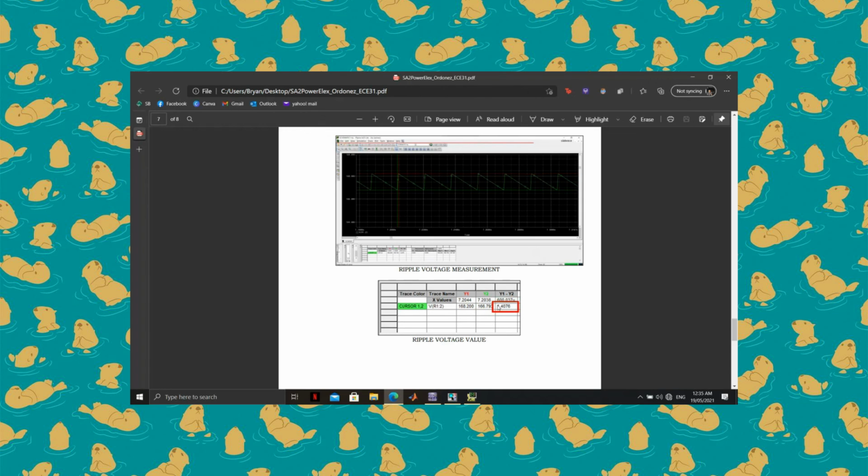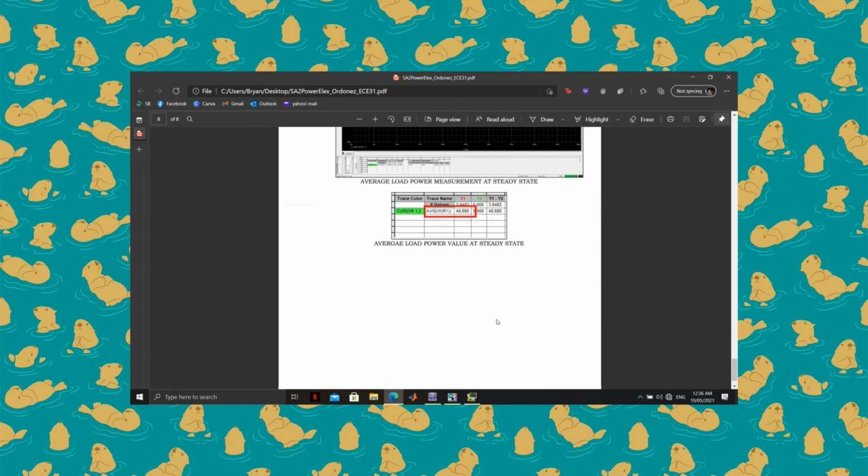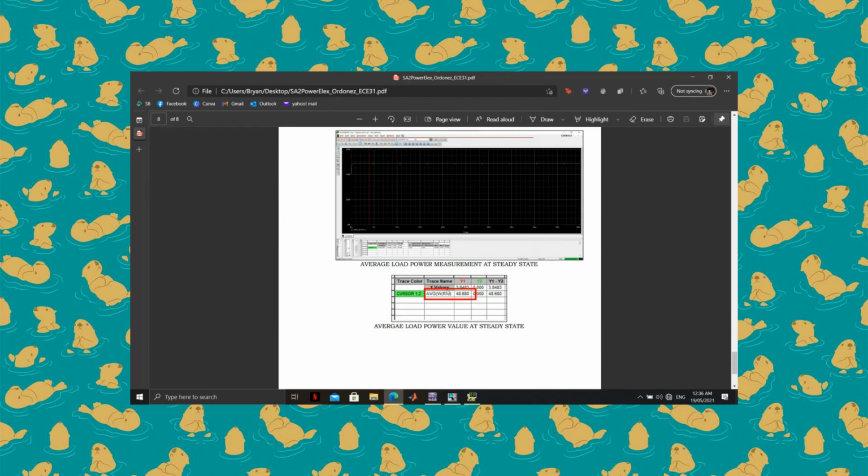Therefore, again, the ripple voltage is 1.4076, which is also less than 1.5. Lastly, for our average load power, we could see that the power waveform is steady here at 48 watts. Therefore, our recorded experimental value for the average power across the resistive load is 48.68 watts.